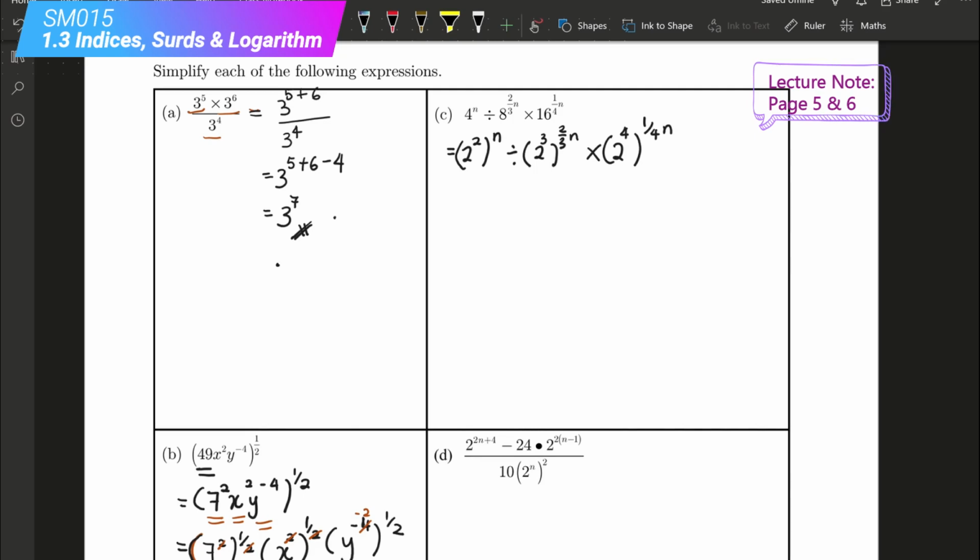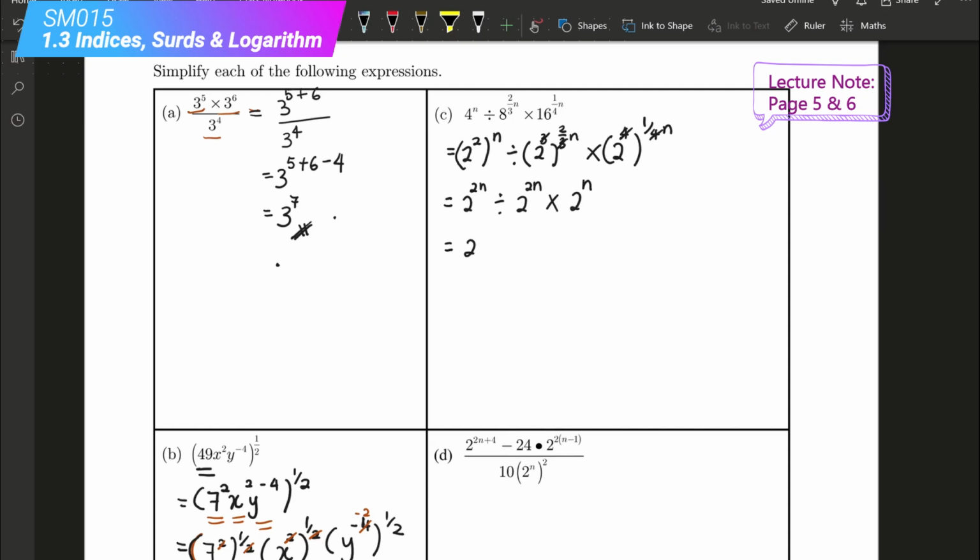And then, for this one, power raised to a power, we just multiply the power. It will become 2 to the power of 2n divided by 2 to the power of 2n multiplied by 2 to the power of n. Now, if divide, we minus the power.